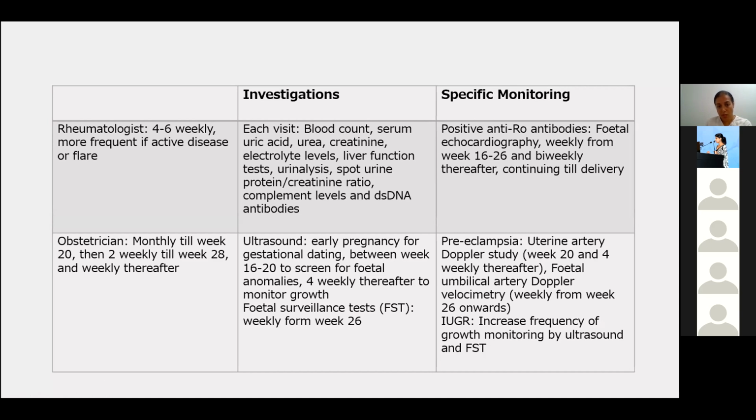That's why it is mentioned up here. And urea, creatinine, electrolyte levels, liver function, urine analysis, and urine protein creatinine ratio, complement levels, and double-stranded DNA antibodies. In our setup, it's very difficult to do complement levels and double-stranded antibodies even once, but at least we should try and aim to do them at least once in each pregnancy.